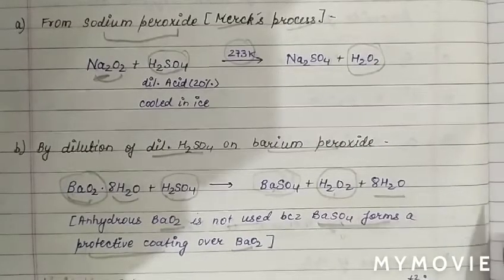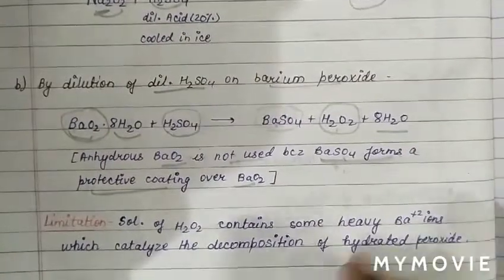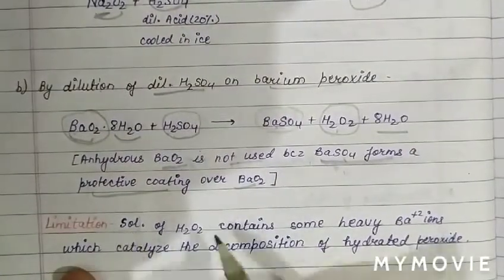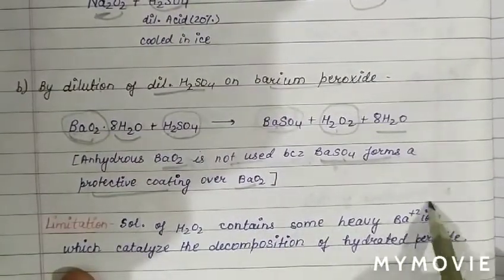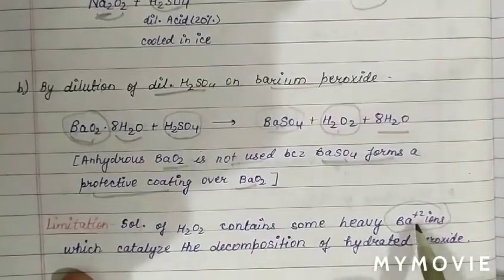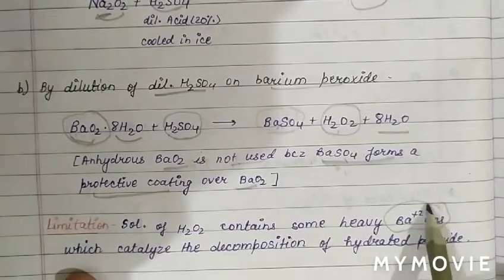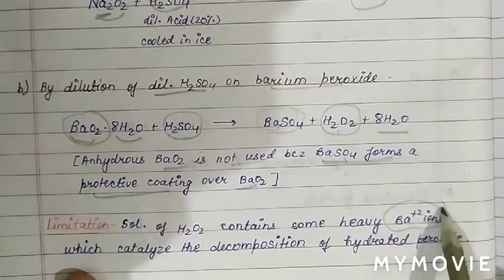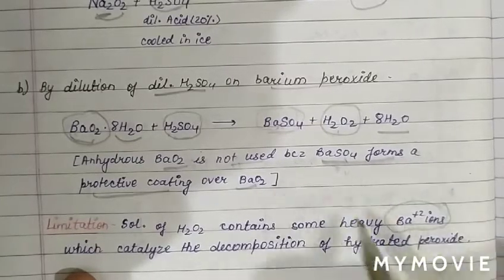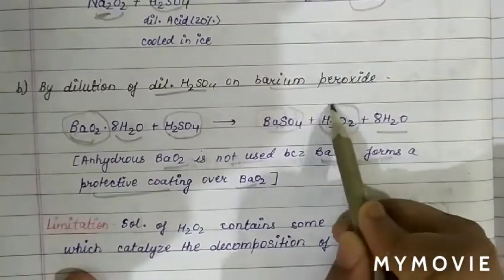Now see the limitations. What are the limitations? Basically, the solution of H2O2 contains some heavy Ba2+ ions. Due to the presence of this heavy cation, it can catalyze the decomposition of H2O2.